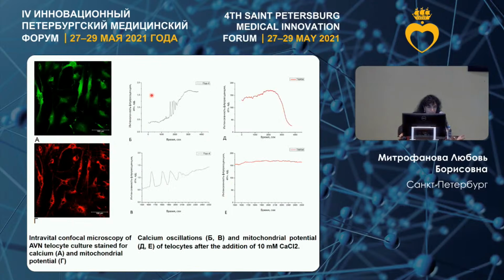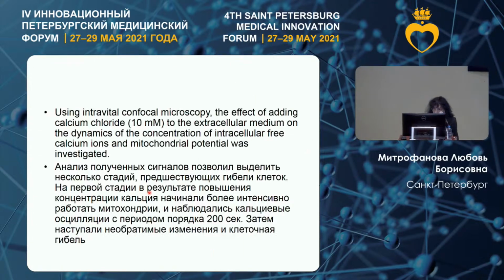And it wasn't sufficient for us to just make sure there's potassium flow. We moved towards calcium oscillations, and in the native culture, we really found the calcium oscillations of telocytes with mitochondrial potential. The analysis of the signals obtained enabled us to understand several stages before the death of the cell.